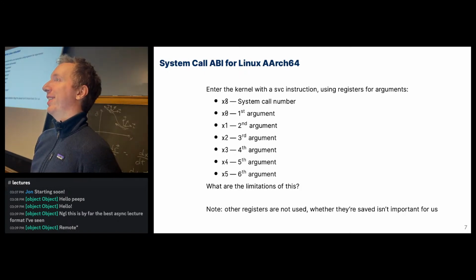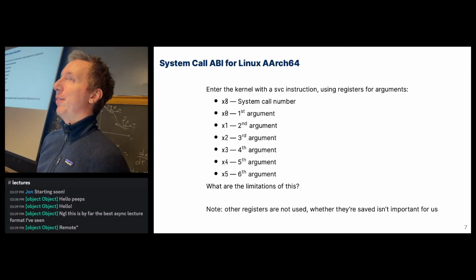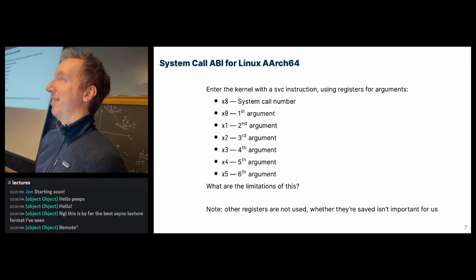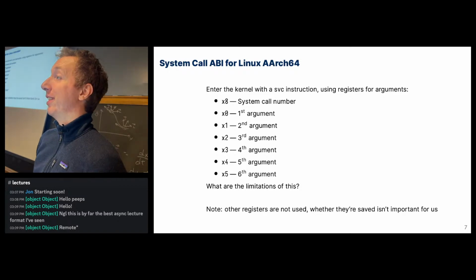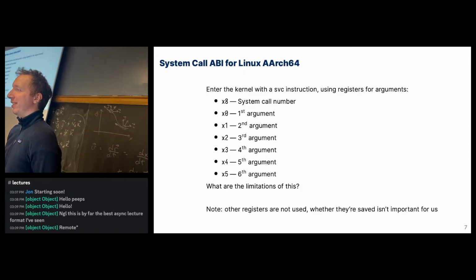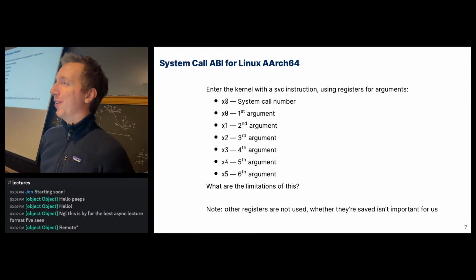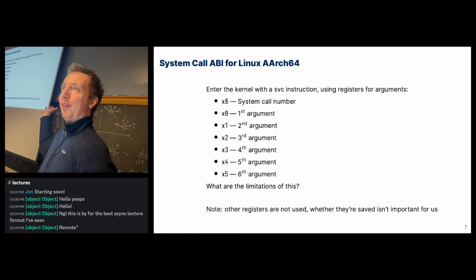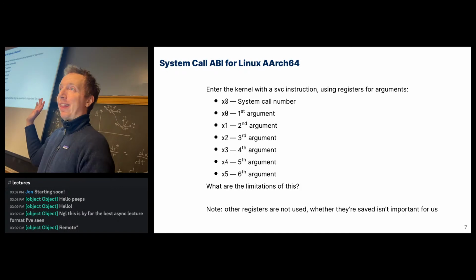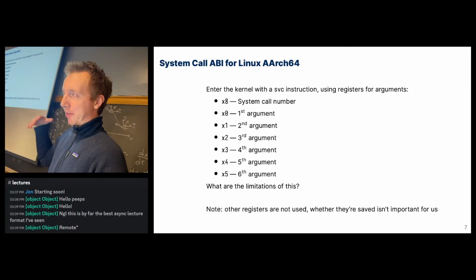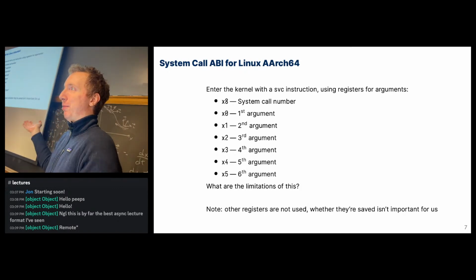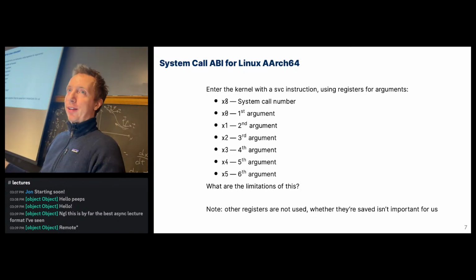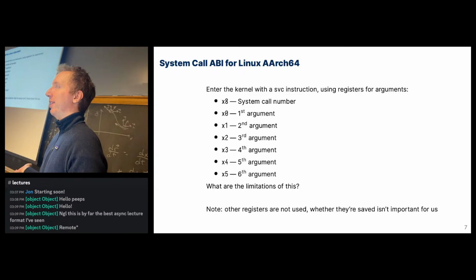6, right? What if I wanted to make a function with 7 arguments? Yeah, put the stuff on the stack pointer. So yeah, one of the responses, just put the stuff on the stack, but the stack is not part of the ABI, so you wouldn't know how to get the 7th argument because you have no idea where it is, because it's not defined.